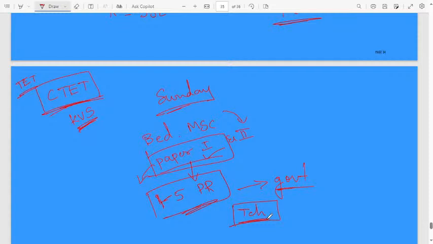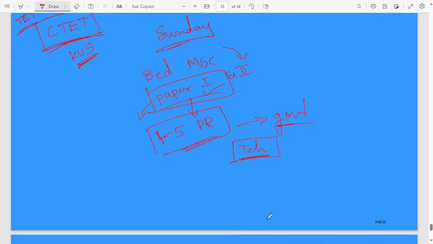Is TCH compulsory for a 1 to 5th primary teacher, I am asking. Oh, not TCH, DEd. Is DEd compulsory to become a 1 to 5th primary teacher, I am asking. Then DEd is compulsory to become a 1 to 5th primary teacher.